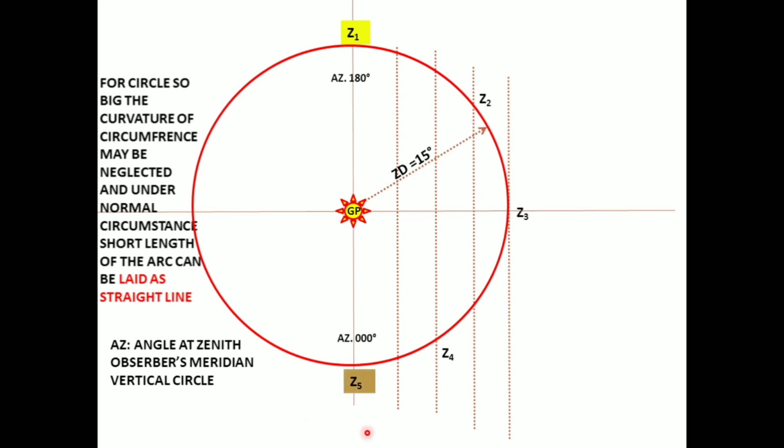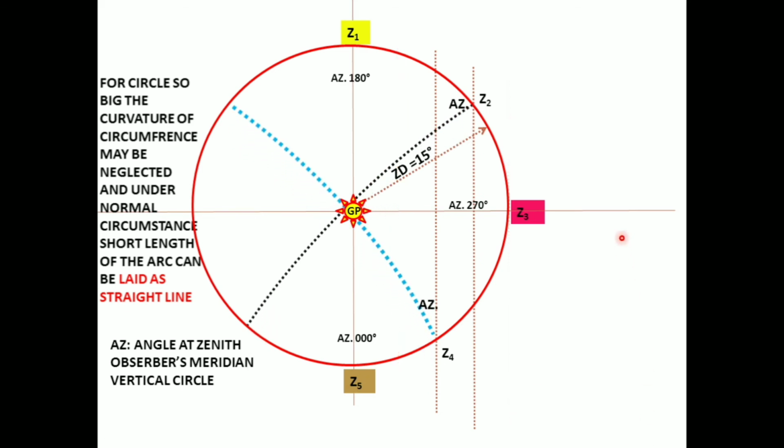For an observer at Z2, Z5, it will be 0, 0, 0, because there is no angle being made at zenith. For an observer at Z3, it is north making an angle of 270. And in these two other places, it is nearly southwesterly, and here nearly northwesterly. So depending upon where the observer is, his azimuth keeps on changing.